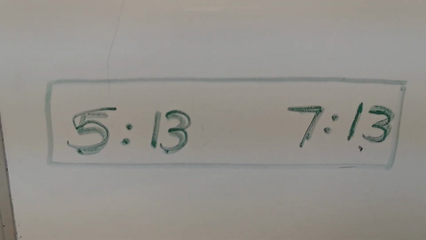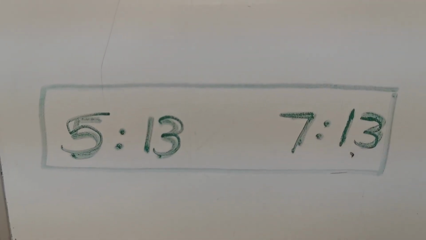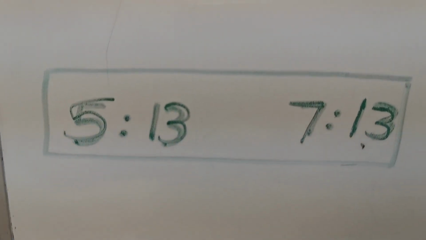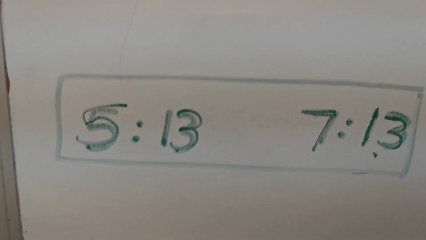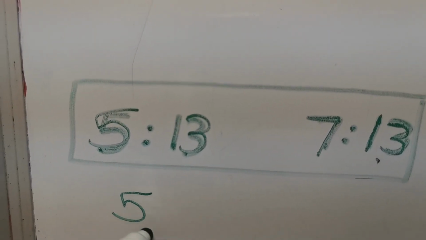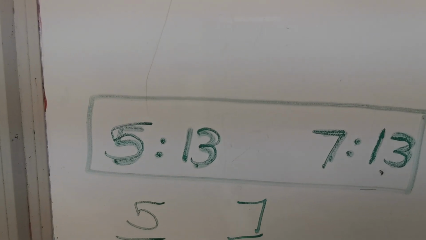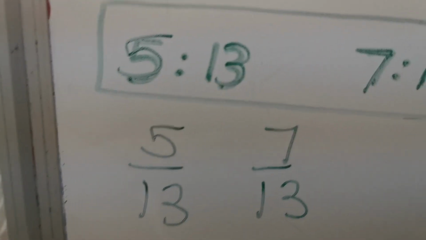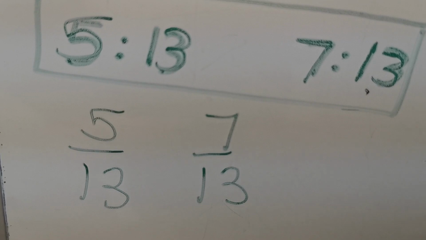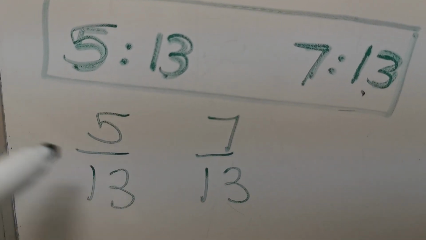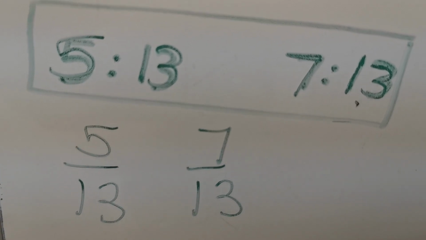Here I have 5 to 13, and I want to compare it with another ratio, which is 7 to 13. The first step, we said what? Write it as a fraction. So 5 to 13, here's 7 to 13. Then what? Here, do I need to make cross multiplication? No, in this case, no need.